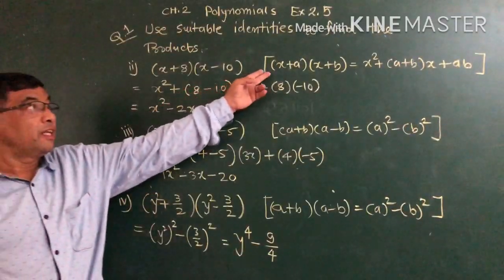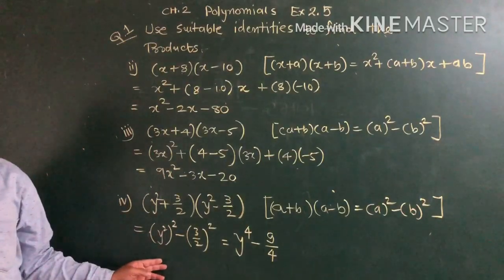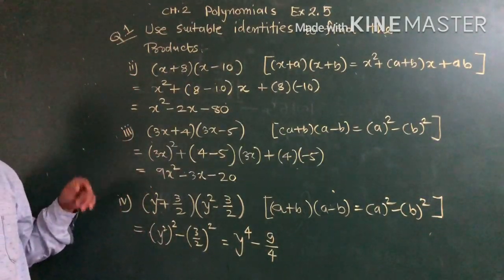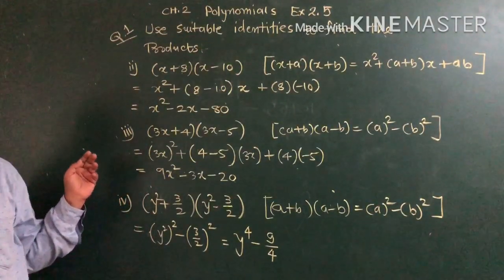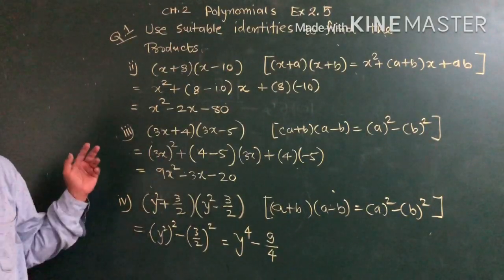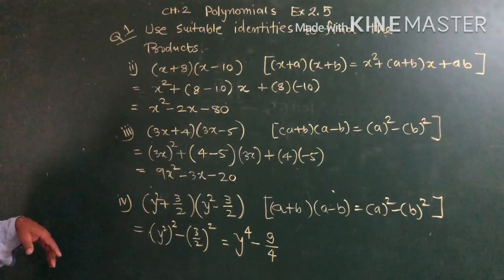So using the first identity we solve two sums, and with the next identity we solve this one. So the remaining 1, 3 and 4 are solved. The remaining questions, that are 1, then 5 and 6, you solve at home. Okay?